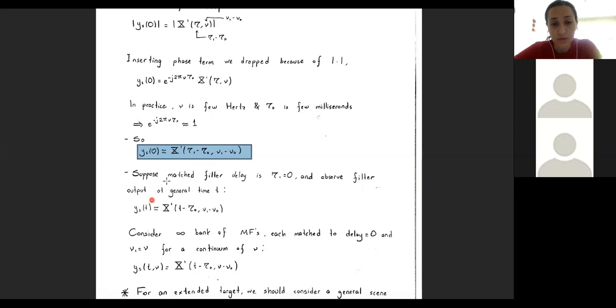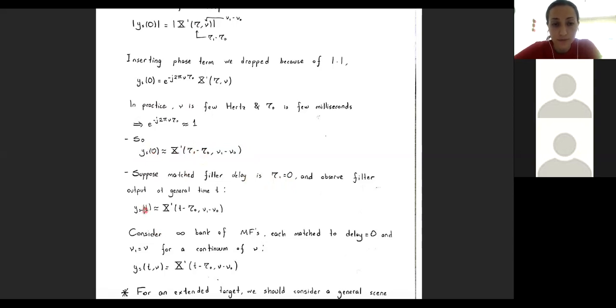To view that, you can think that your match filter delay parameter tau1 is set to 0. If you choose it as 0, then you get just minus tau0 here, but this is at the origin.